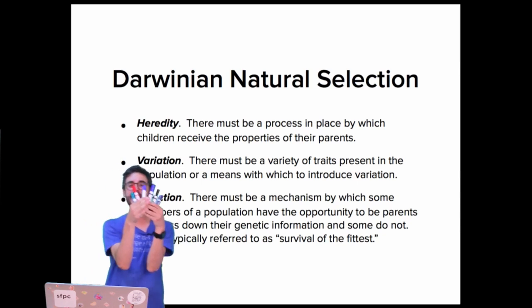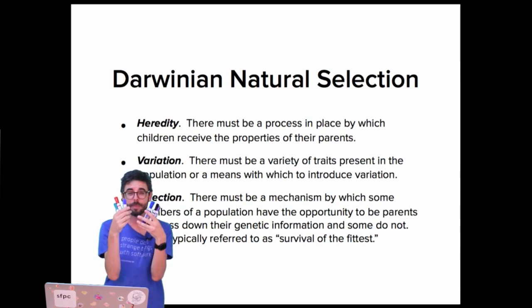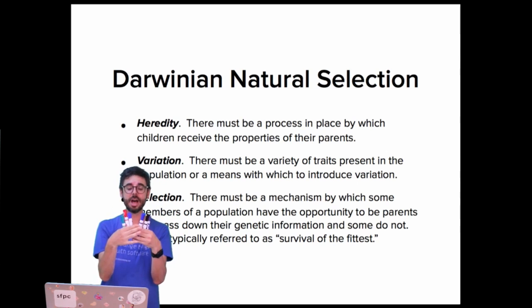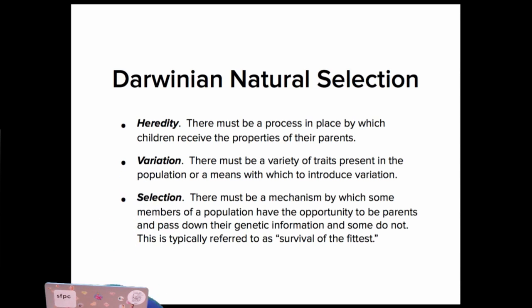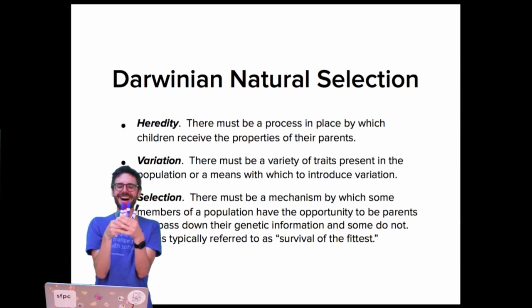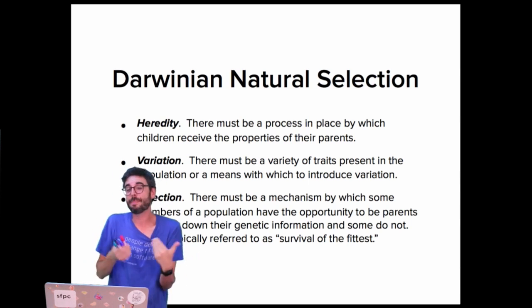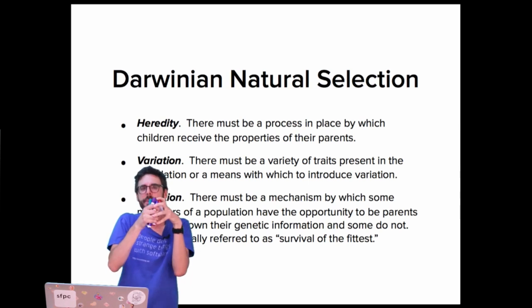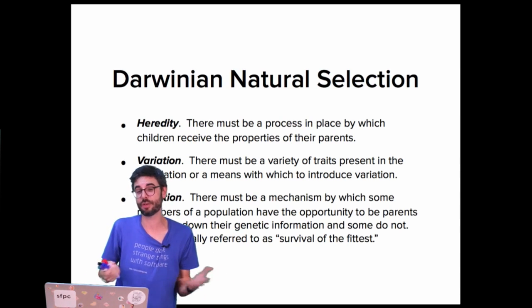But anyway, this is my population of whiteboard markers, right? If I just say every single one of these whiteboard markers has an equal chance of passing its genetic information down to the next generation, next generation, next generation, then there really won't be evolution at play, because the makeup of the population, the quality of the population, will not really change over time.